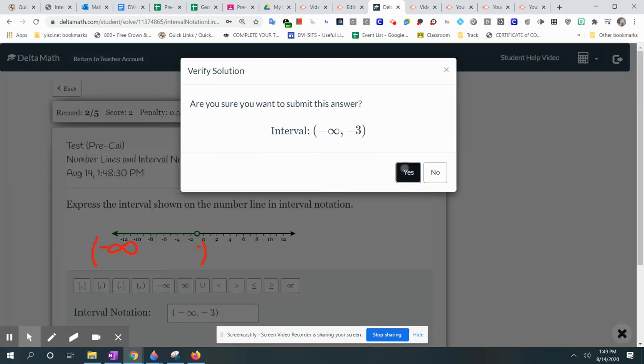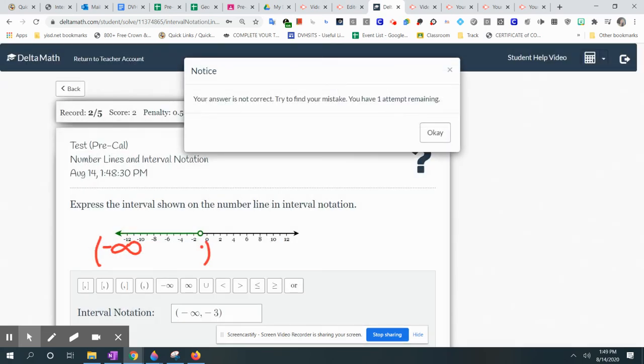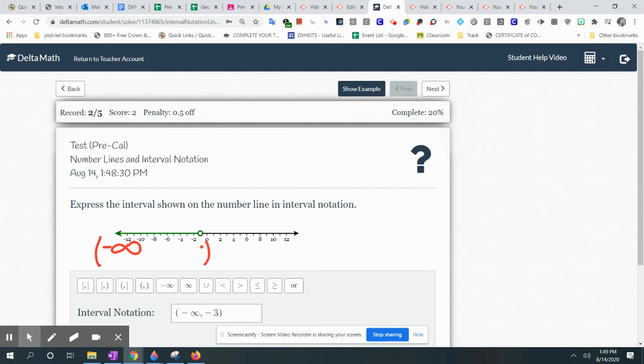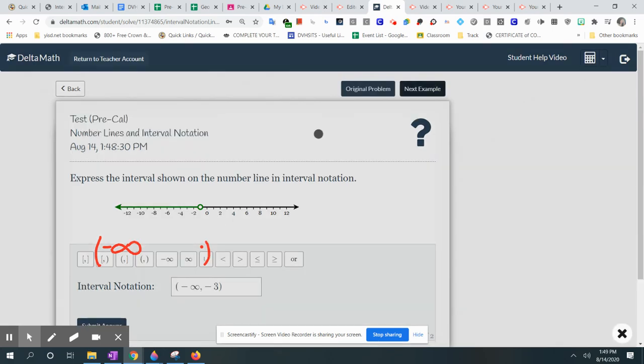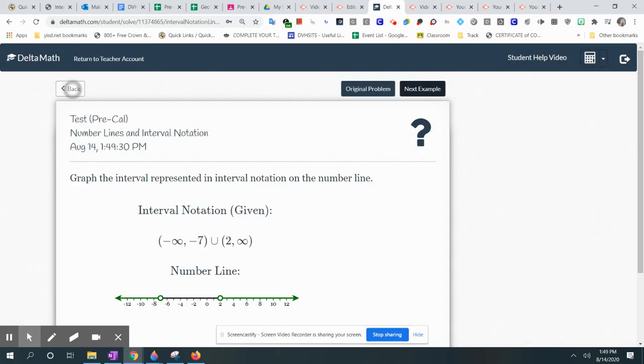And yes. What did I do? Interval notation. Did I do something wrong? Show example. Back, sorry.